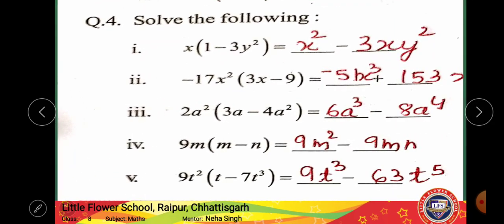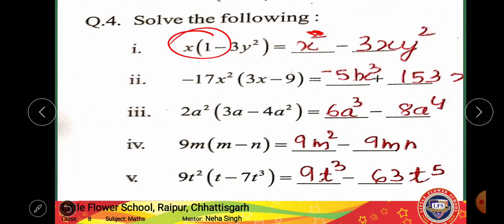Now the last question is again fill in the blanks, solve the following. You need to open the bracket and this is the last question of the exercise. x, right, this is x. See, x into 1 is x, minus 3y square into x is 3xy square, right?